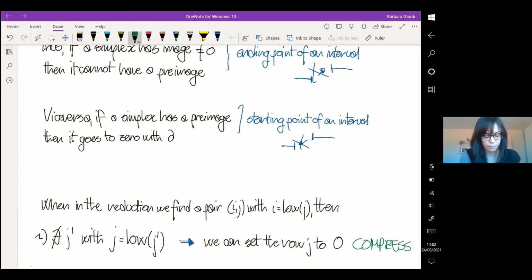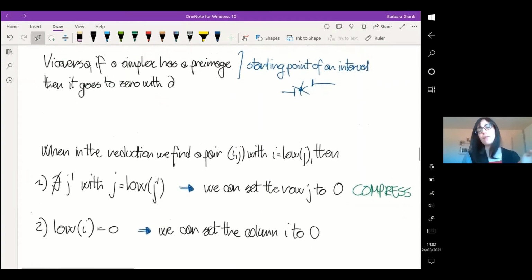At the same time, if we have this pairing, so I is equal to J, then we also know that the column I will be 0 at the end. It cannot contain any pivot. And this means that we can put it to 0 immediately and call it the clear.